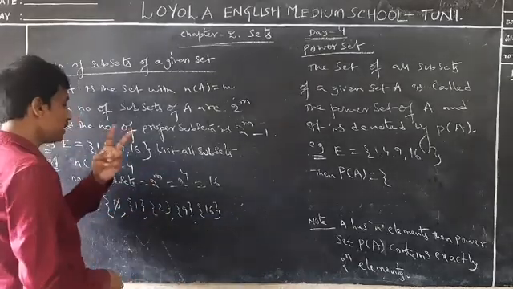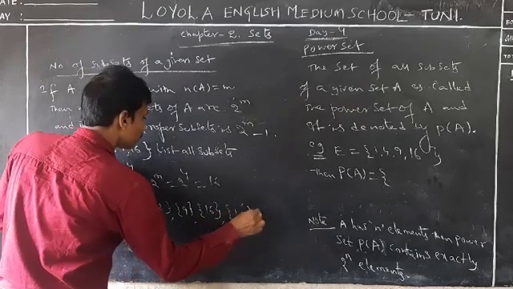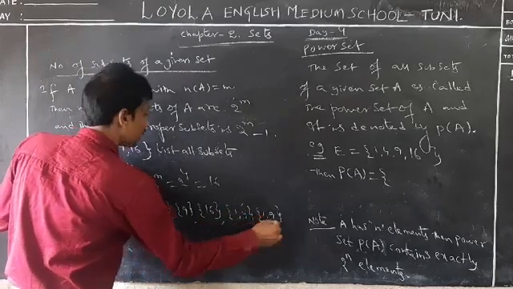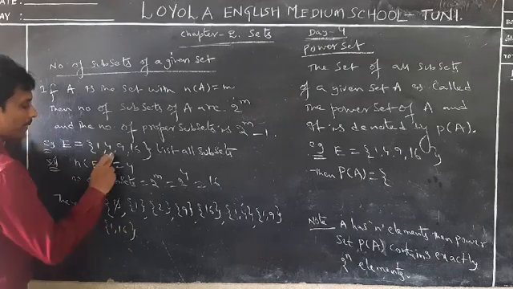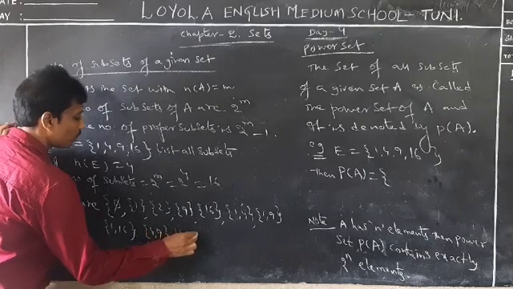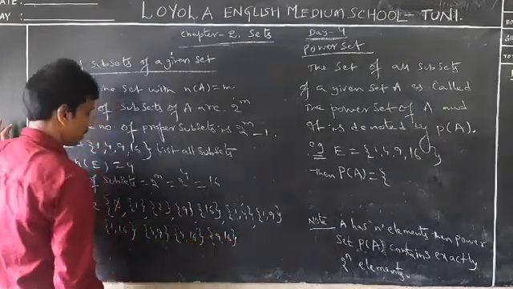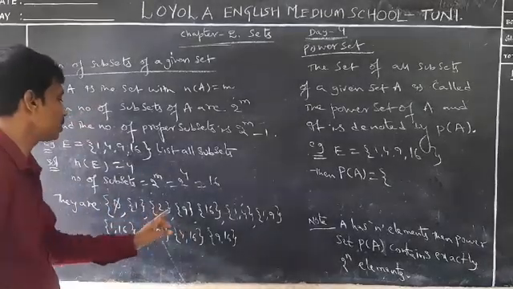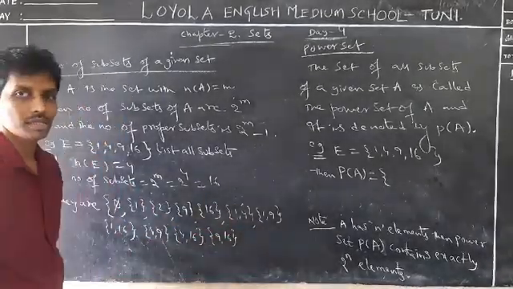Next, the combinations of two elements: {1, 4}, {1, 9}, {1, 16}, {4, 9}, {4, 16}, {9, 16}. Till now, 1, 2, 3, 4, 5, 6, 7, 8, 9, 10, 11 subsets are there.